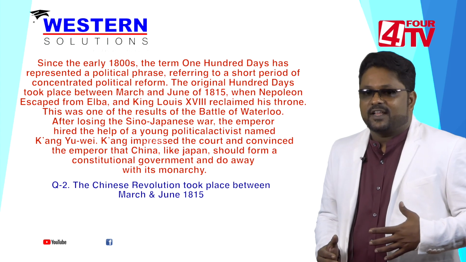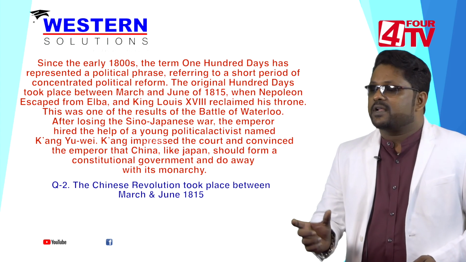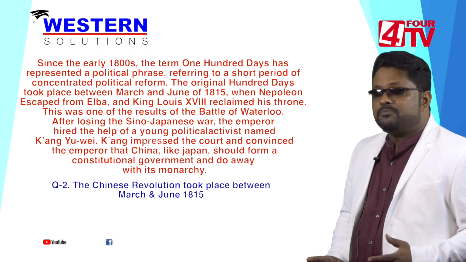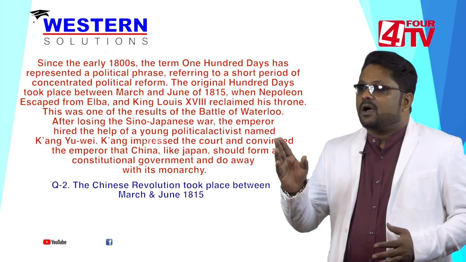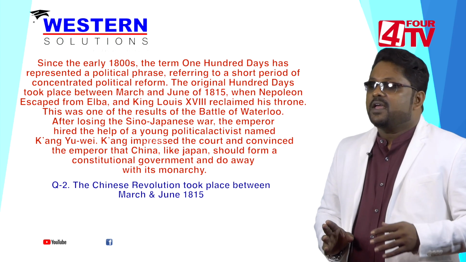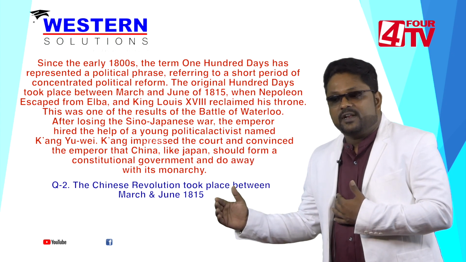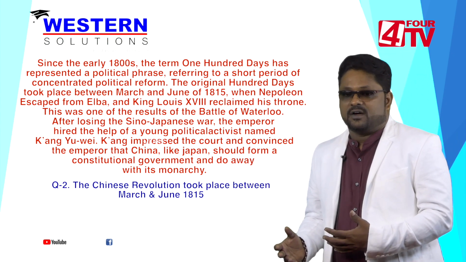Well, the answer cannot be not given, because there is something they're talking about in that period of March and June 1815. What is it they're talking about in the passage? They're talking about a time of concentrated political reform that took place between March and June 1815. So it is not the Chinese Revolution, it is called a political revolution.